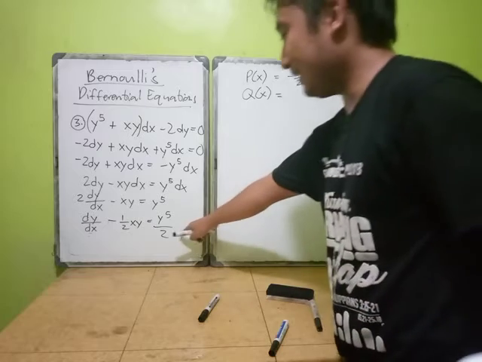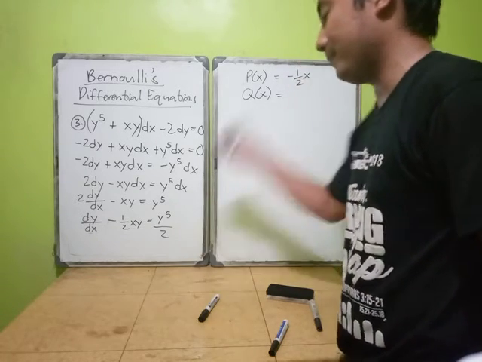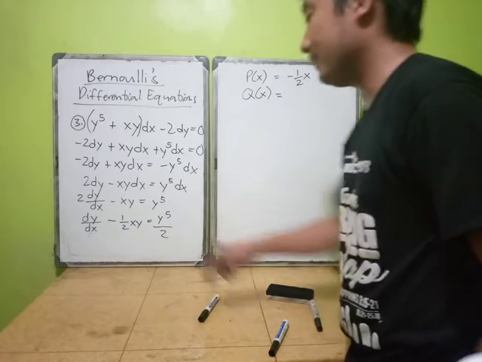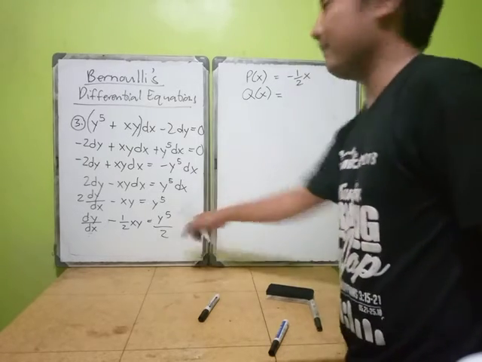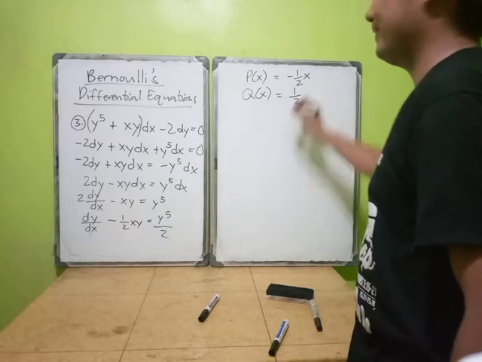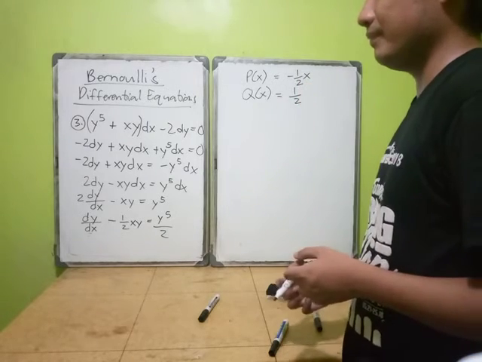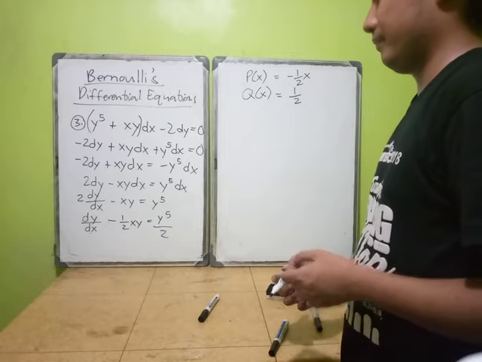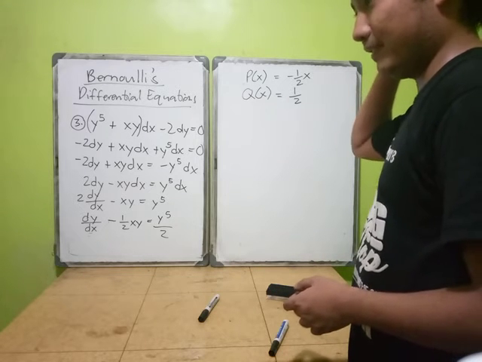So, posible, yung qx natin is dapat katabi ni y to the power of n. So, ang katabi lang ni y to the power of n is yung 1/2. So, 1/2. Okay? So, therefore, anong gagawin natin?